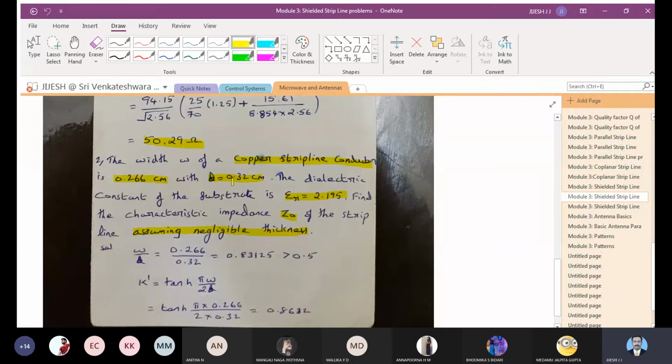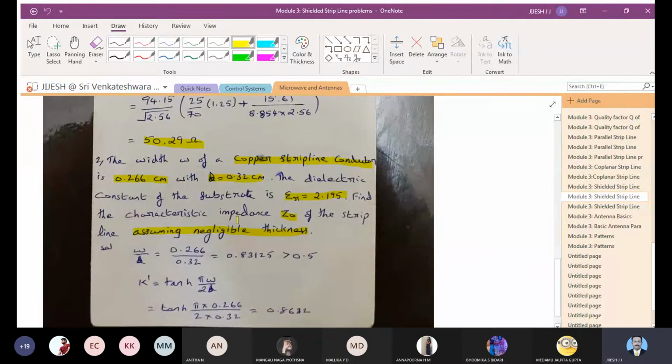We are studying the shielded strip line, and we are at the fag end of this half of this module. This copper strip line conductor has a width of 2.266 centimeter, and D is 3.32 centimeter, epsilon r is 2.195, and Z naught is the characteristic impedance, assuming negligible thickness.